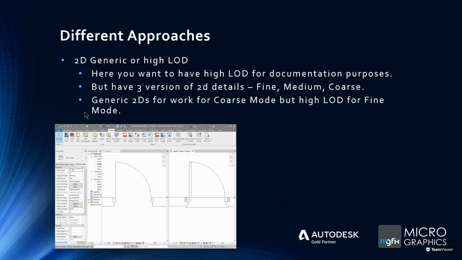You'll have a very simple I-beam, maybe in plan, in the coarse mode, but if you switch it to fine, you'll have all the curves and the radiuses and the fillets in there, showing more information. Right, so that's again two approaches with regards to the 2D content.